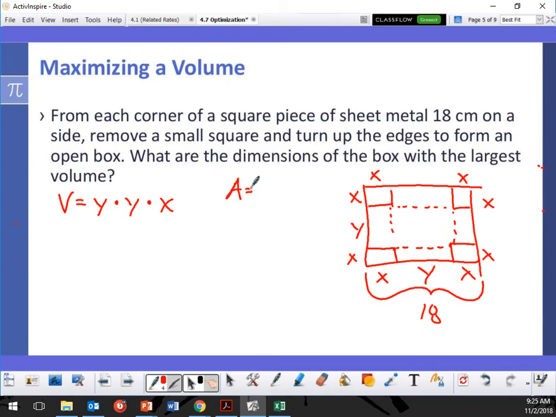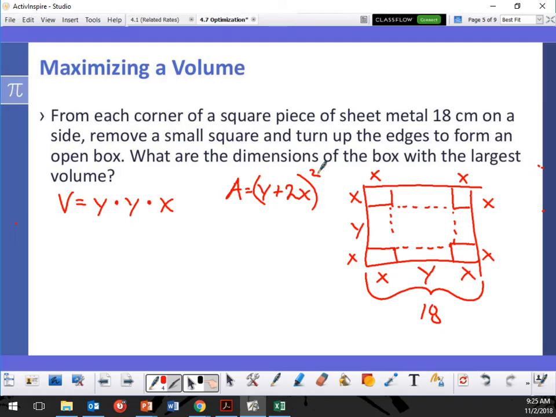Because I'm doing here to here. What about the cutoff pieces? How would I account for those? Minus 4x squared.